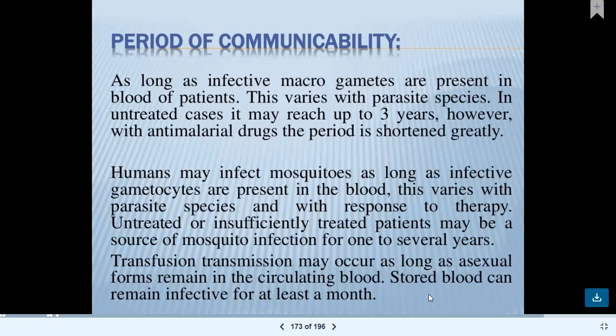This varies with the parasite species and with responses to therapy. Untreated or insufficiently treated patients may be a source of mosquito infection for 1 to several years. Transfusion transmission may occur as long as the asexual form remains in the circulating blood. Stored blood can remain infective for at least a month.